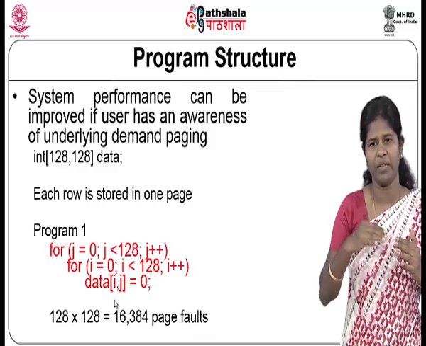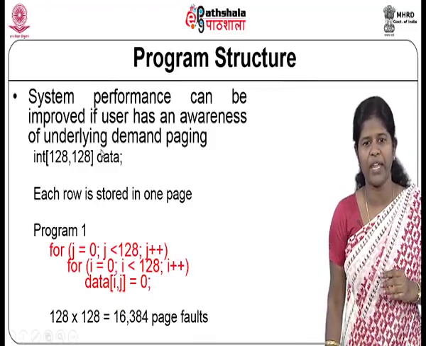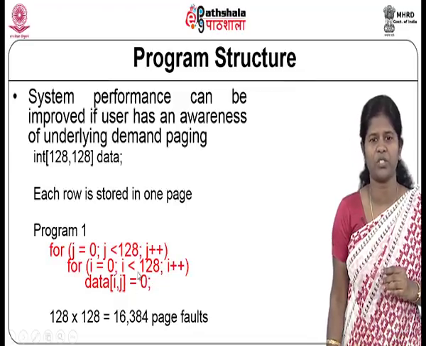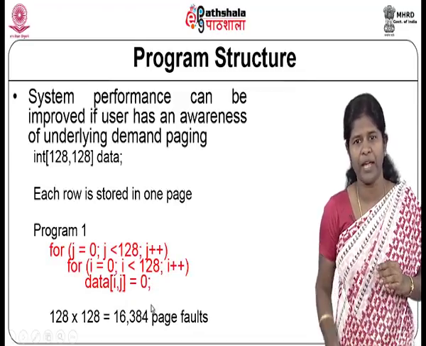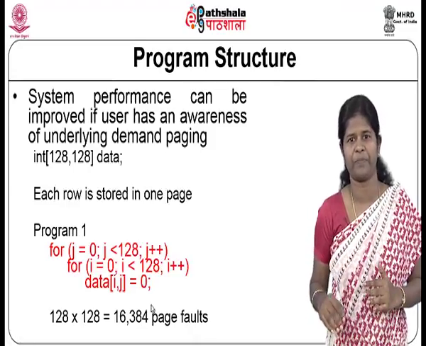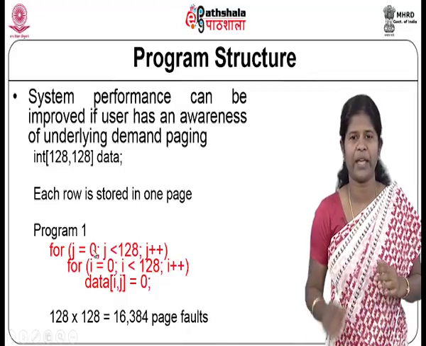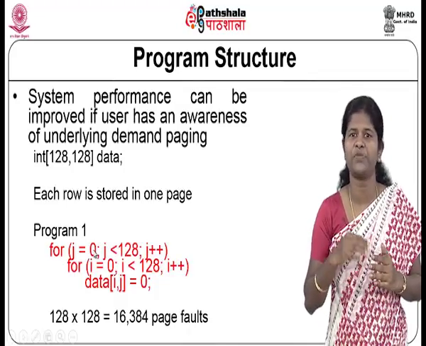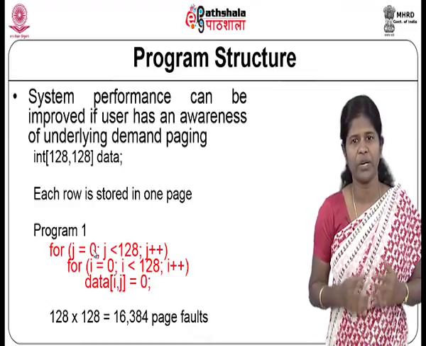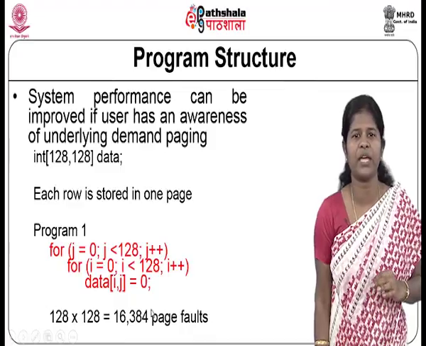So for the first run of the inner loop, for i equal to 0 to 127, it will try to locate all the 128 pages. And then for the next value of j, when j equals 1, it will again make a memory reference to all the 128 pages. So totally there will be 128 by 128, that is 16,384 page faults.